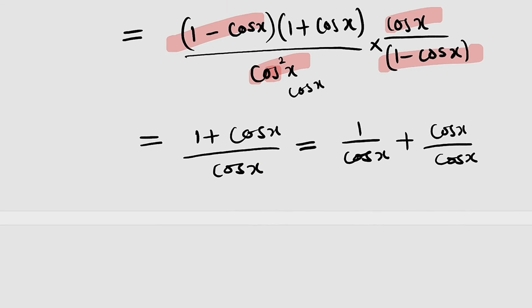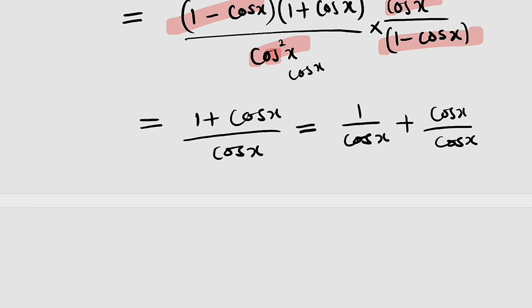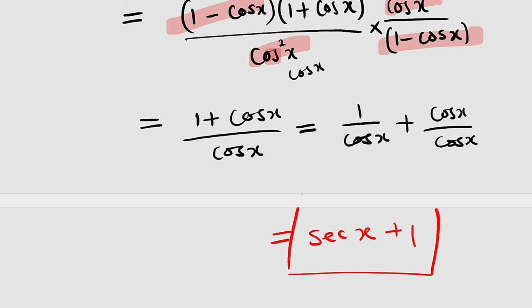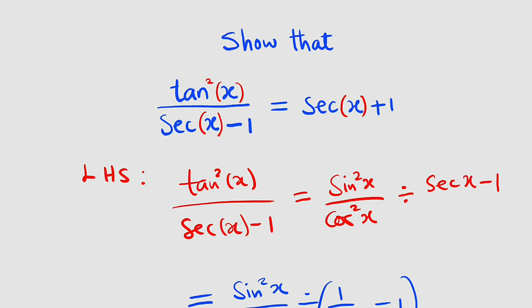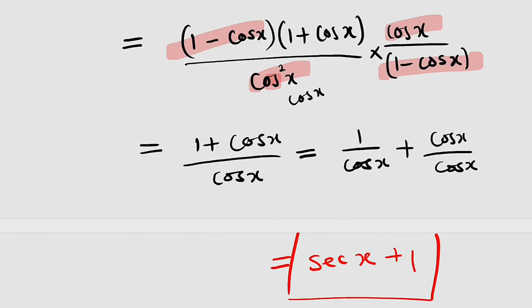If you further break this down, 1 divided by cos x is secant x. So this becomes secant x, plus cos x divided by cos x, which is 1. And you can see this is exactly the same thing as the right hand side of that expression, which is secant x plus 1, and hence proved.